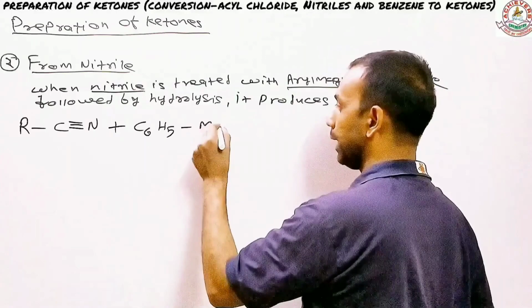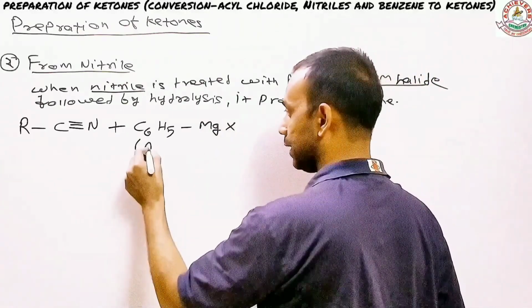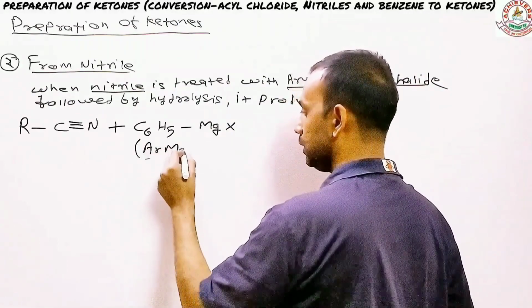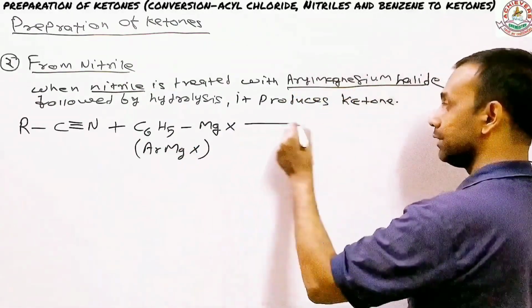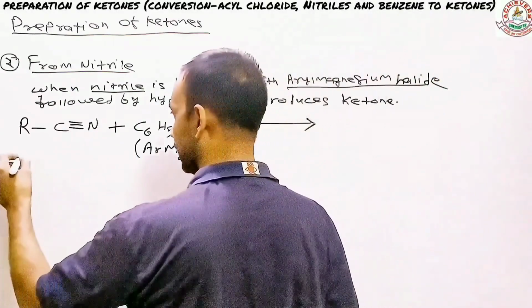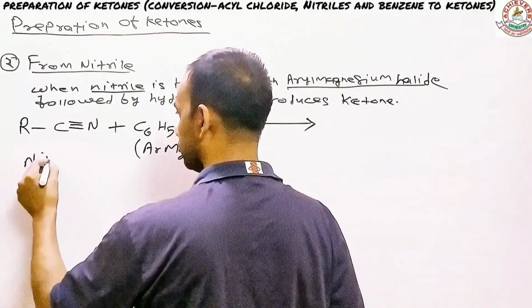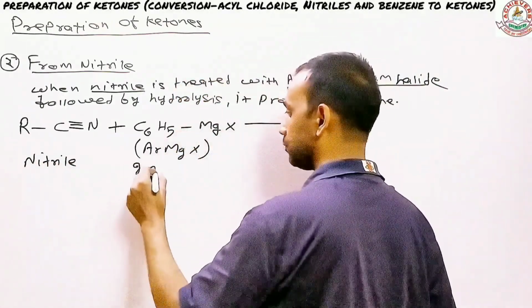C6H5 magnesium halide, right? We could also write it like ArMgX, right? Now, try to get the reaction. So when a nitrile is treated with aryl magnesium halide, let me write the name. This is your nitrile, and this is your Grignard reagent.